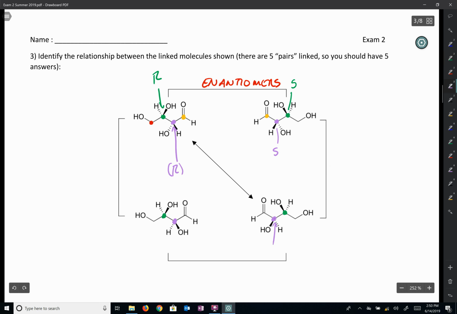So here, this one is R. Here, this one is S. And here, this one is S. Yep, S. And this one's going to be, let's see, R. So the R turns into the S turns into the R. So if you swap, this is another set of enantiomers down here at the bottom.